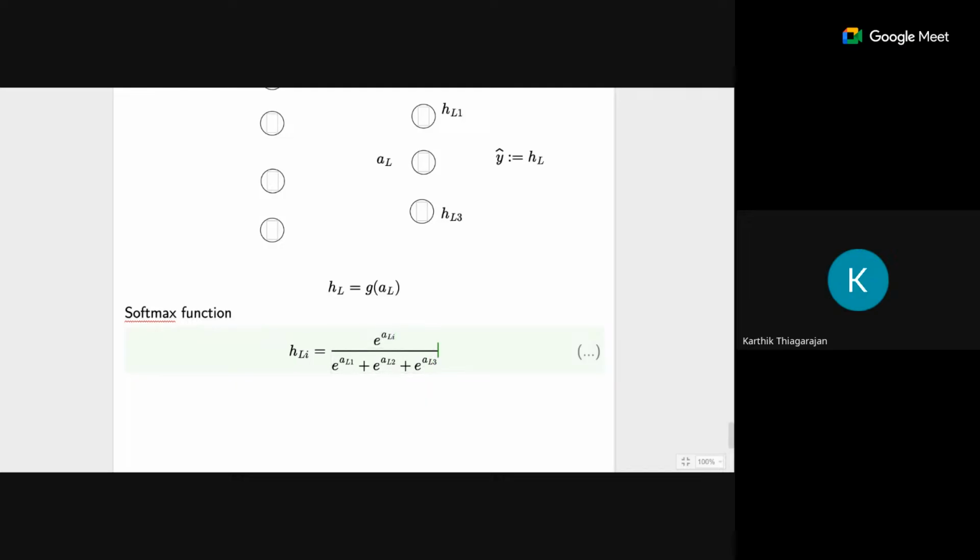Okay, so is this fine? This is called the softmax function.